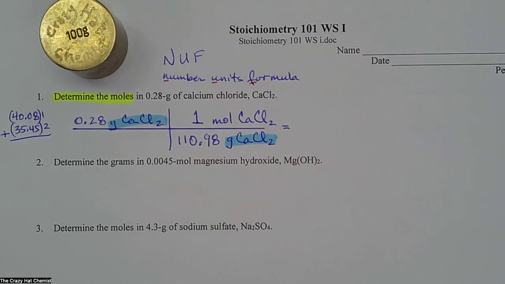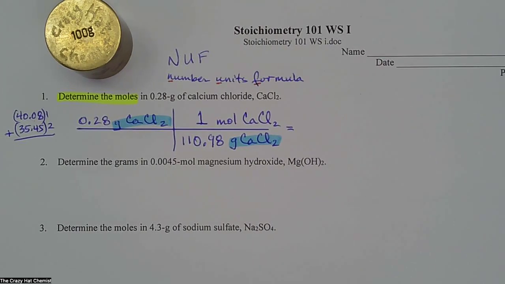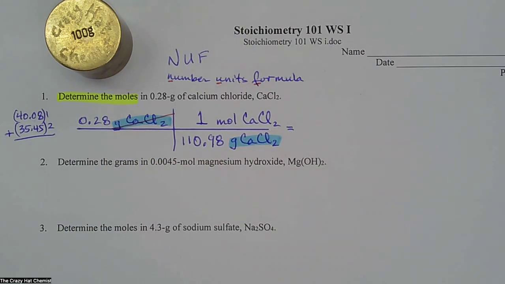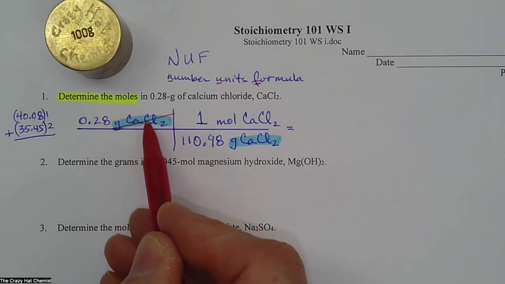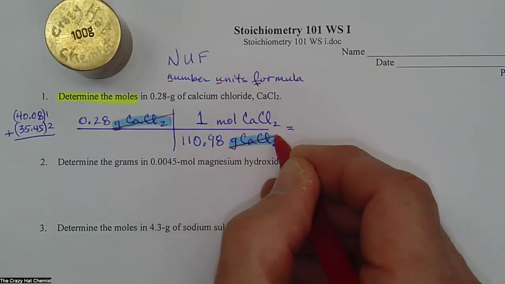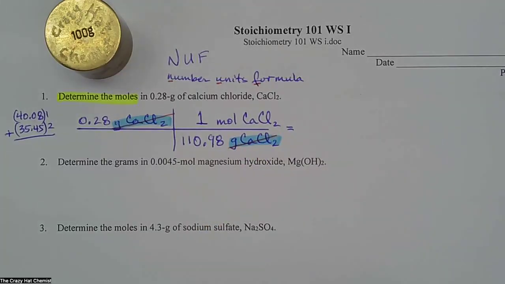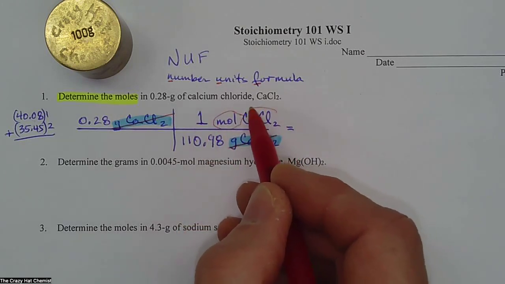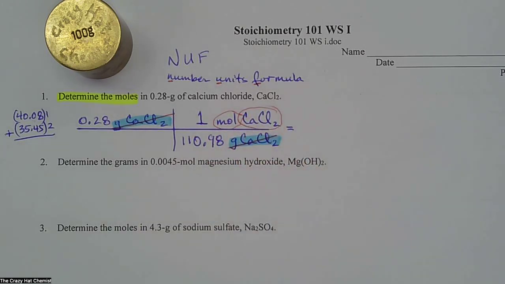And you should see that if you have done this correctly, then what happens here is that the grams of calcium chloride cancels out. That is, the units and formula in the numerator of the first term will cancel out with the units and formula of the denominator term. And then what units are you left with? Moles. What formula are you left with? CaCl2. Perfect.